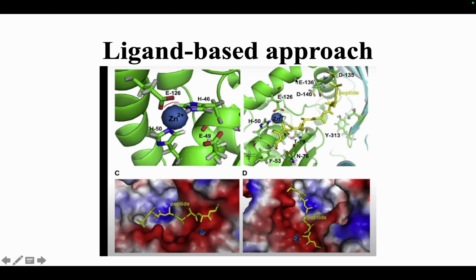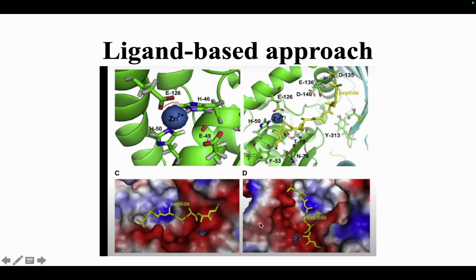Similarly, here is another example. We have a metalloprotein, where zinc binds to different amino acids present in the active site. If we remove this zinc and grow a ligand which is a peptide, we can grow it in such a way that it forms hydrogen bonds with the active site, with two histidines and glutamic residues present here, and interacts with the zinc complex.